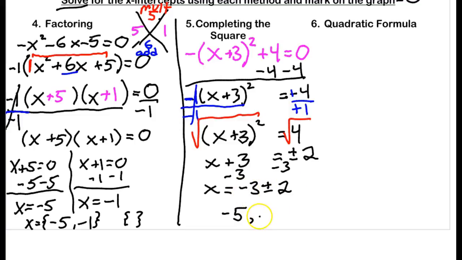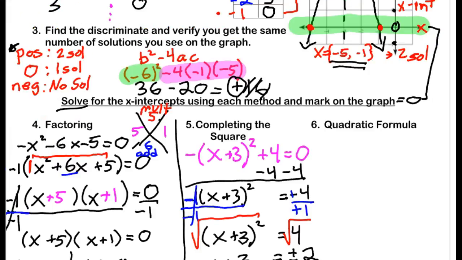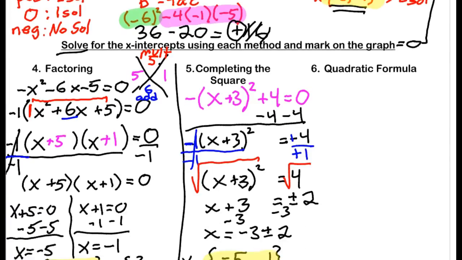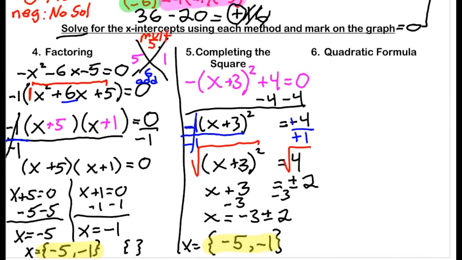And -3 plus 2 is -1. And here's the biggest thing that you possibly get out of this, is that these match. So completing the square, factoring, and graphing must have the same answer. If you got something else, you'd have to go back and find what the mistake is.